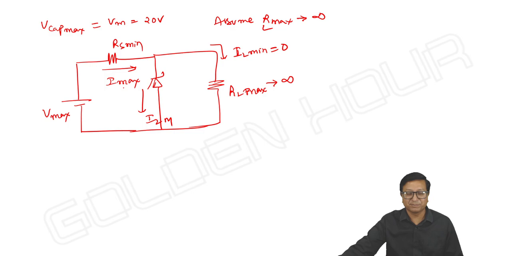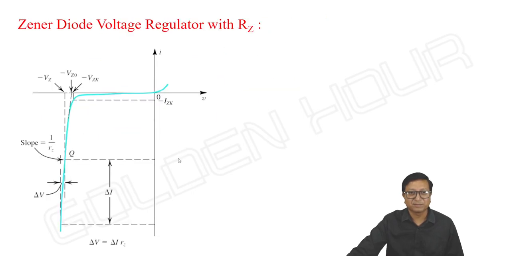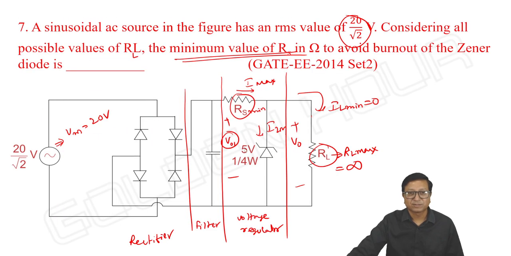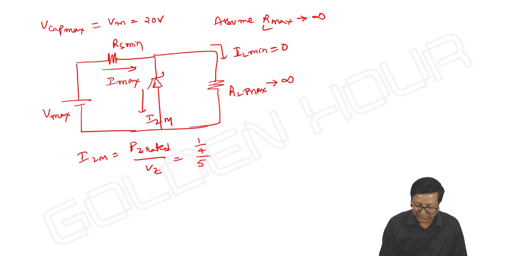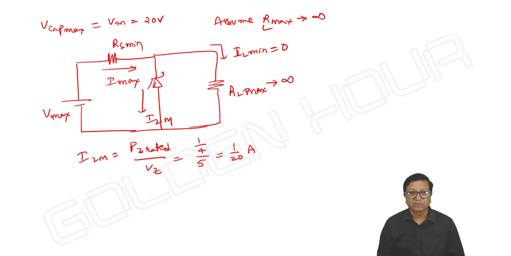And how to find IZM? Here its rating is given, 1/4 watts. So let me take IZM is equal to PZ rated by VZ. It is (1/4)/5. It is 1/20 amperes. Okay.